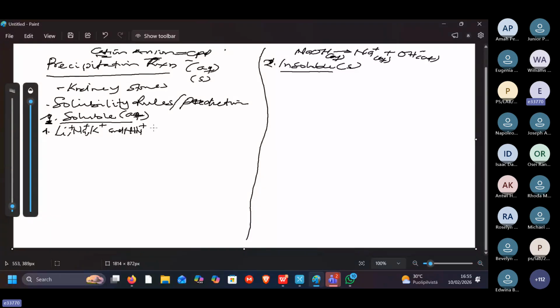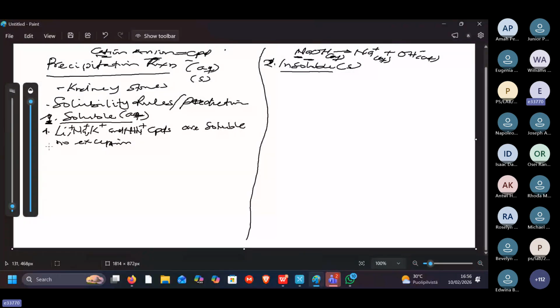Compounds of these cations, the group 1 metals and ammonium, are generally soluble. There are no exceptions. So when you see a compound with, say, sodium hydroxide, once I have sodium there, that compound is aqueous, is soluble. There is no exception to that. I hope that is clear.